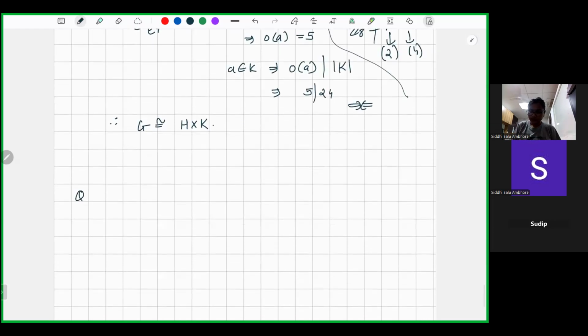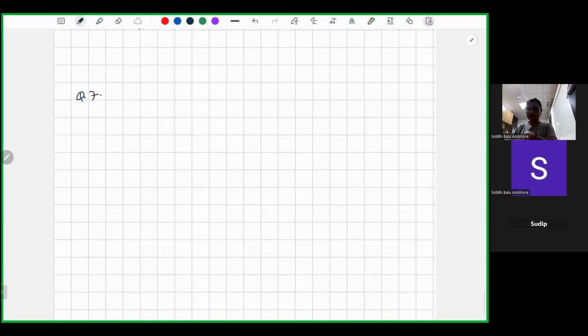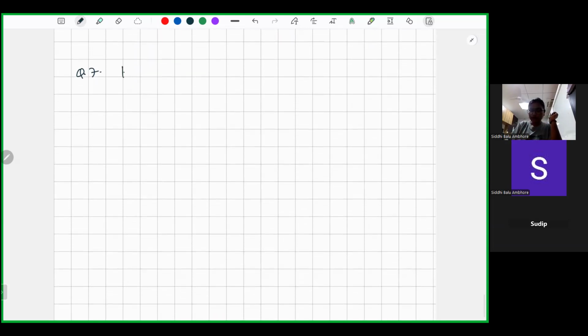The next question is one we have already seen, I think, in tutorial 9, but I will revise it. How many elements of cycle type 5, 2, 2, 1 are there in S10?